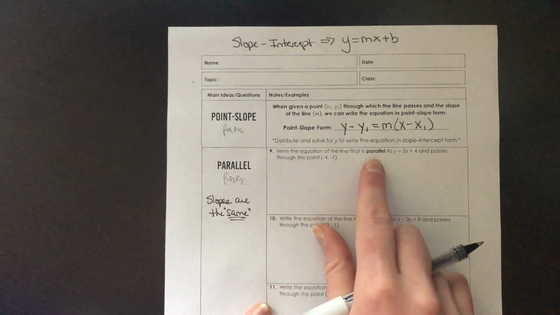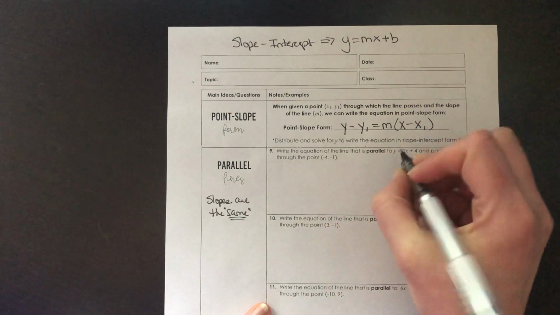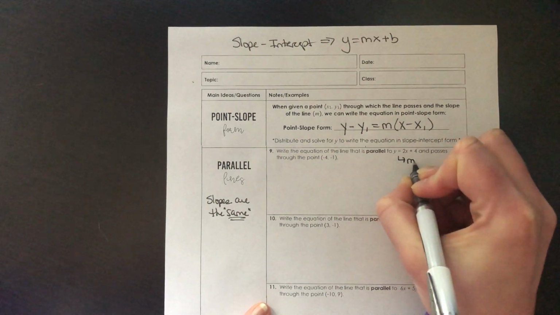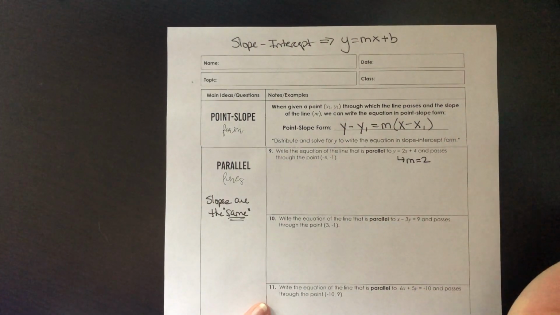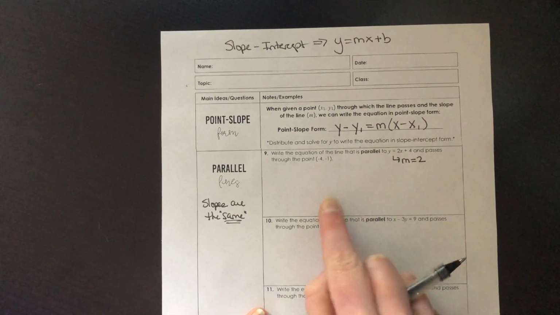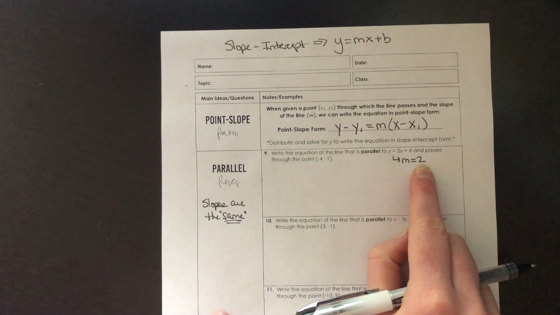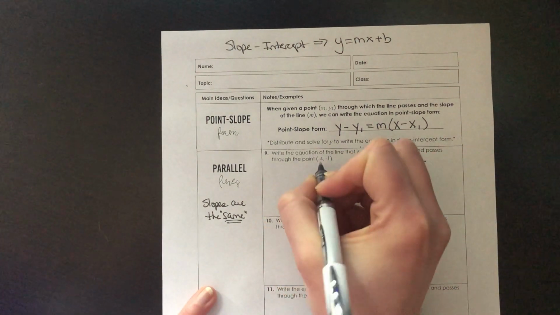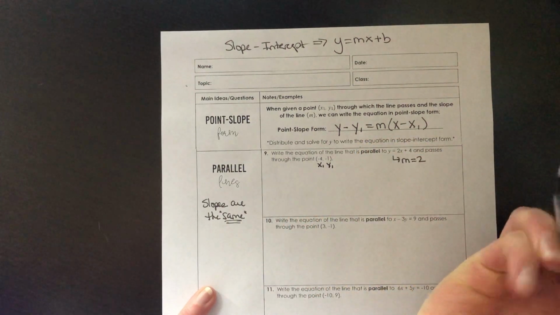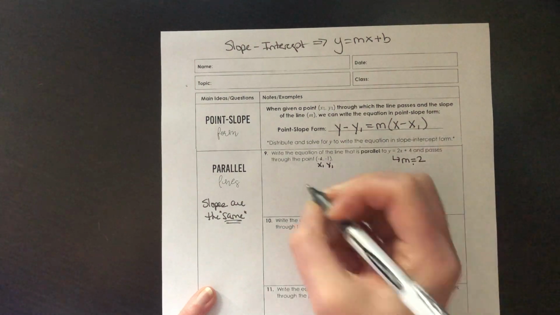So here, I want to write another equation that's parallel to this equation. Well, first off, y equals 2x plus 4, the slope of this line is 2. And if it's going to be parallel, my equation is also going to have a slope of 2. So here, I'm going to label my point x1, y1. I have my point and my slope, so I use point slope form.